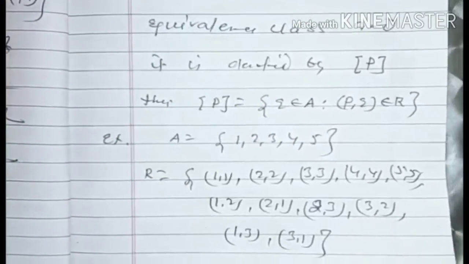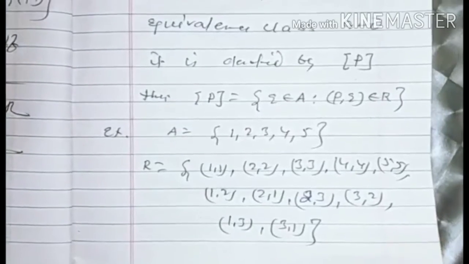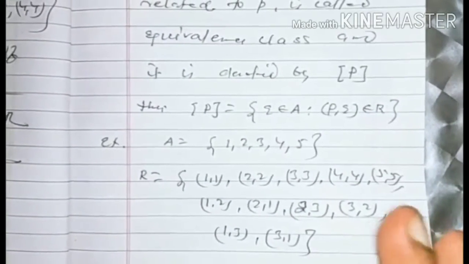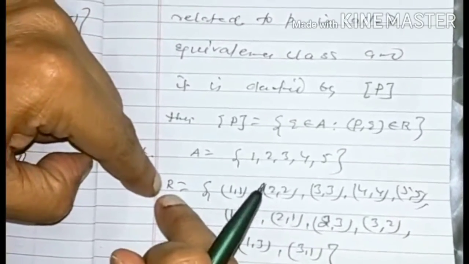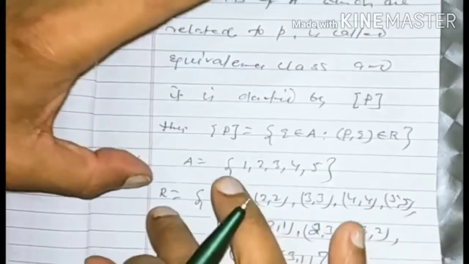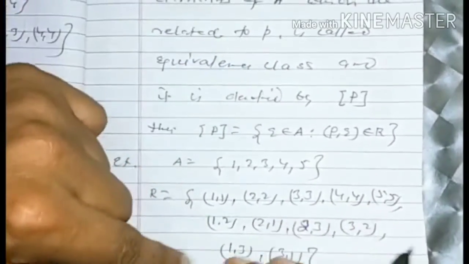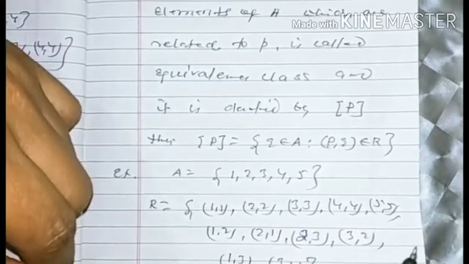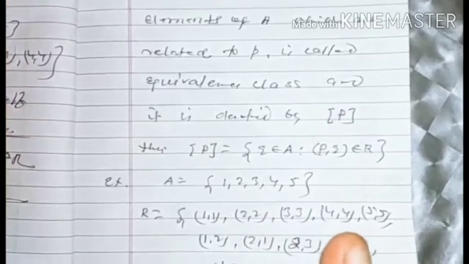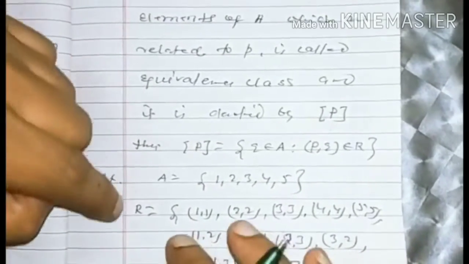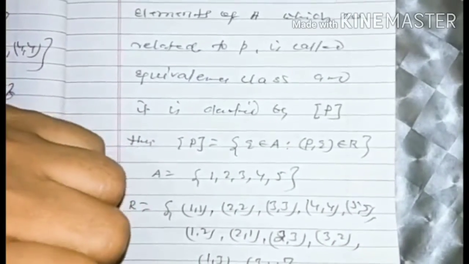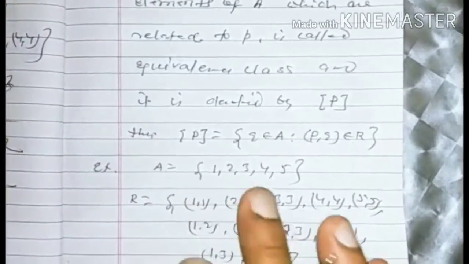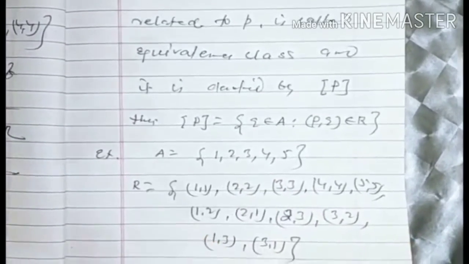This is the relation. First of all, before discussing equivalence class, we have to check whether the relation R is an equivalence relation or not. If R is an equivalence relation, then after that we find the equivalence class of each element of set A, otherwise not possible. First of all, the relation must be an equivalence relation. Then after that we calculate the equivalence class of elements 1, 2, 3 and 4 of set A.